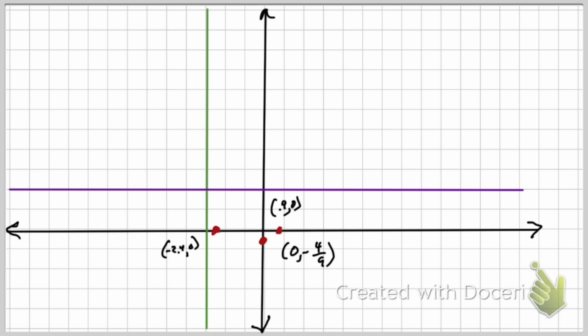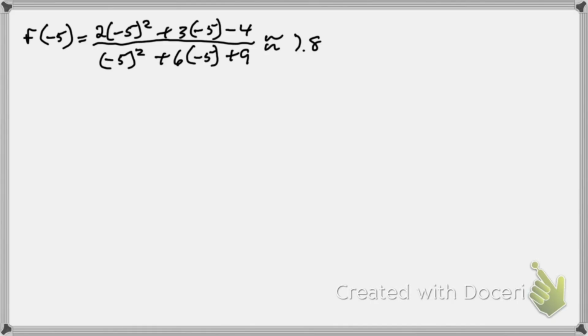So I want to figure out what's going on to the left of my vertical asymptote. So I'm going to pick a value like -5, plug it into the function, and see what the y value is there. When I do that, I'm getting a y value of about 7.8 when x is -5. So let's plot that point.